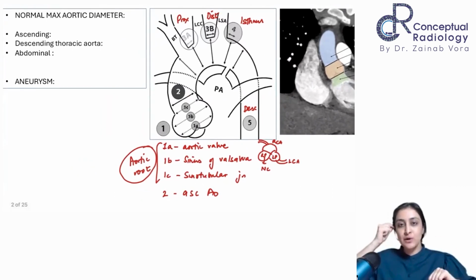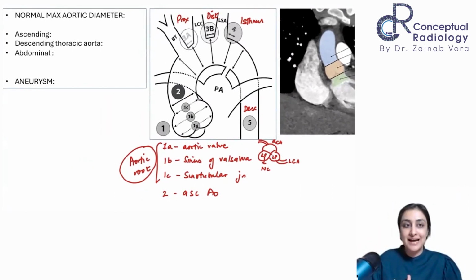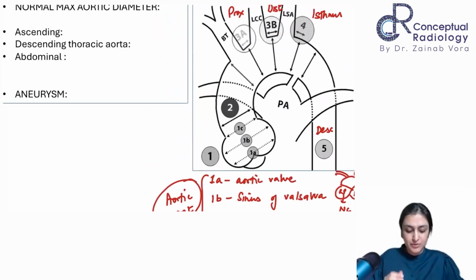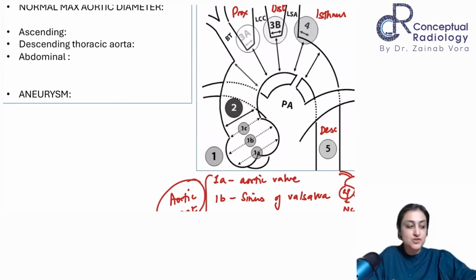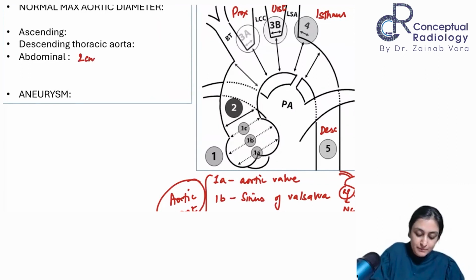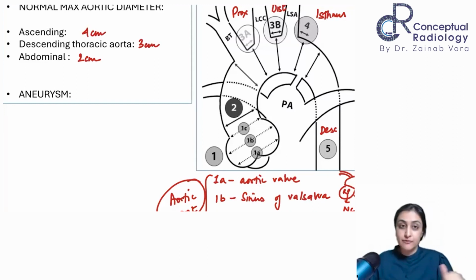All right. So now taking into account the diameter. The numbers that you want to remember are 2, 3, and 4, right? So the normal maximum aortic diameter, remember the rule of 2, 3, 4. Ascending aorta, 4 centimeters; descending thoracic, 3 centimeters; abdominal aorta, 2 centimeters.